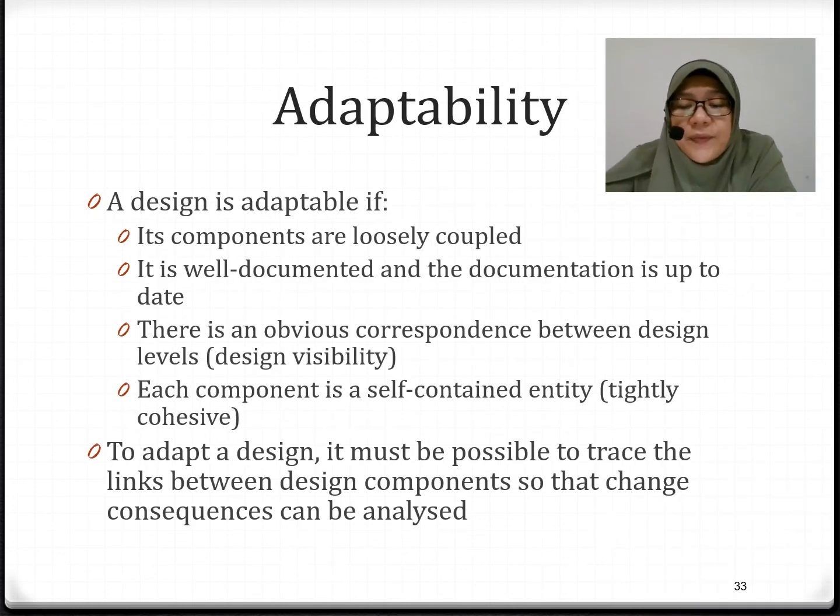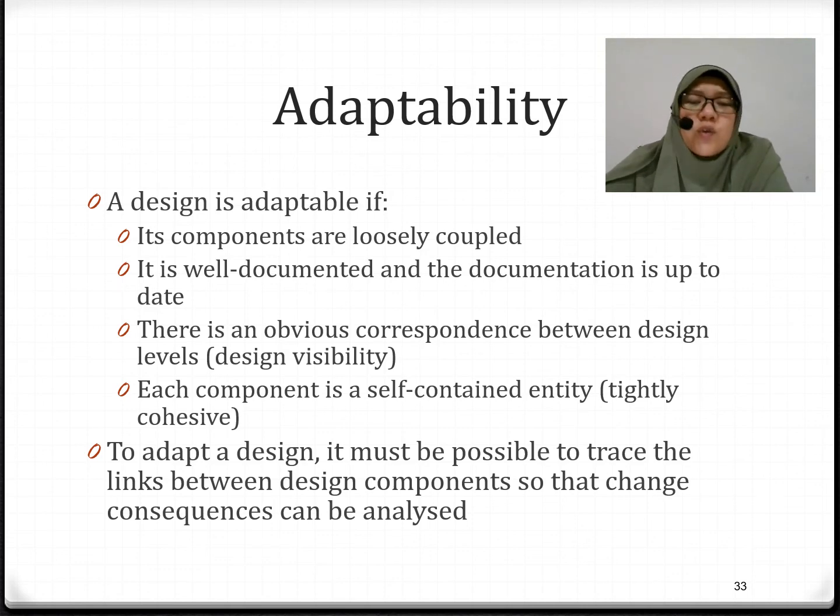Finally, the last criterion is adaptability. So what's adaptability? Basically, your design is adaptable if the components are loosely coupled, have high cohesion, good modularization, and are well documented. And a very important thing is design visibility, meaning it's traceable: you can trace your code back to your design document, and back to your requirements.